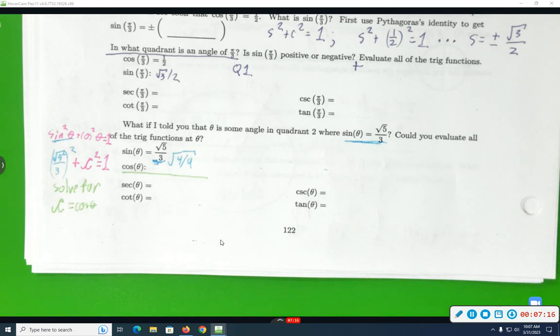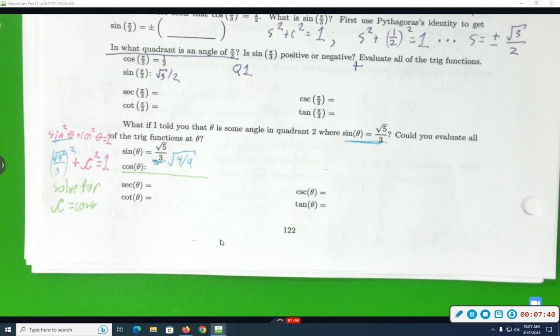Well, I took root 5 over 3 and squared it. Then since I knew that c squared plus that was 1, I did 1 minus that, and then took the square root, and that was around 2/3. I don't know if that's it.